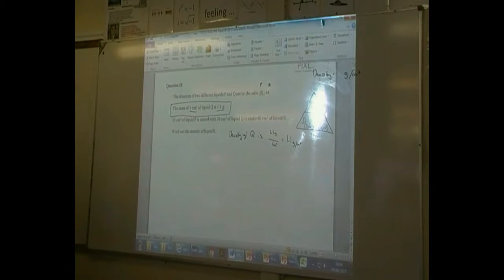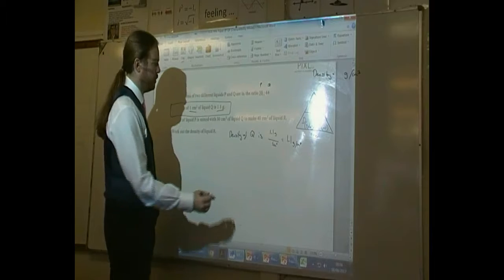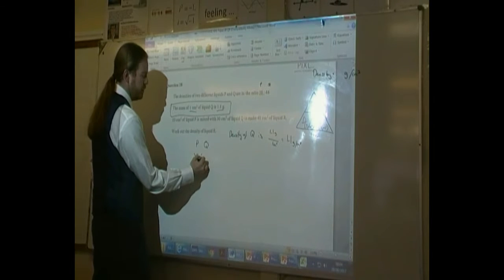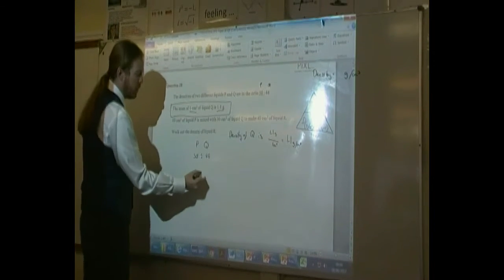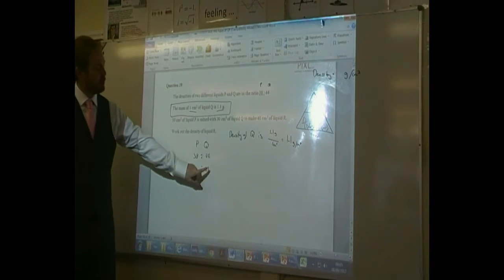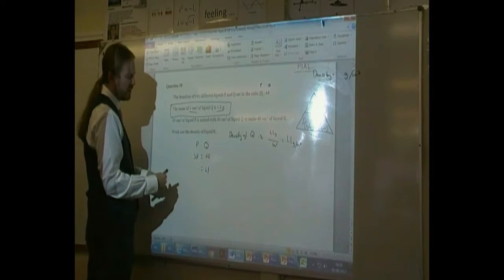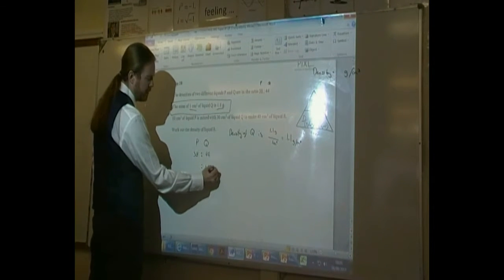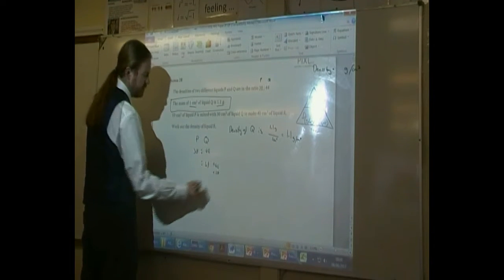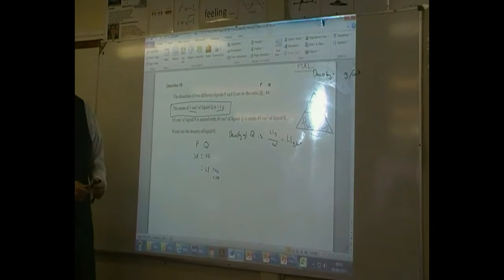The ratio of the densities are P to Q, where P is 38 and Q is 44. So P and Q, 38 to 44. And we know the density in this case is 1.1. So if I want to change from Q to P, what I need to do is divide by the one on the same side, so divide by 44, and then multiply it by the one on the other side, so multiply by 38. Okay, and that's a general rule for using a ratio: divide by the one on the same side, multiply by the one on the other side.